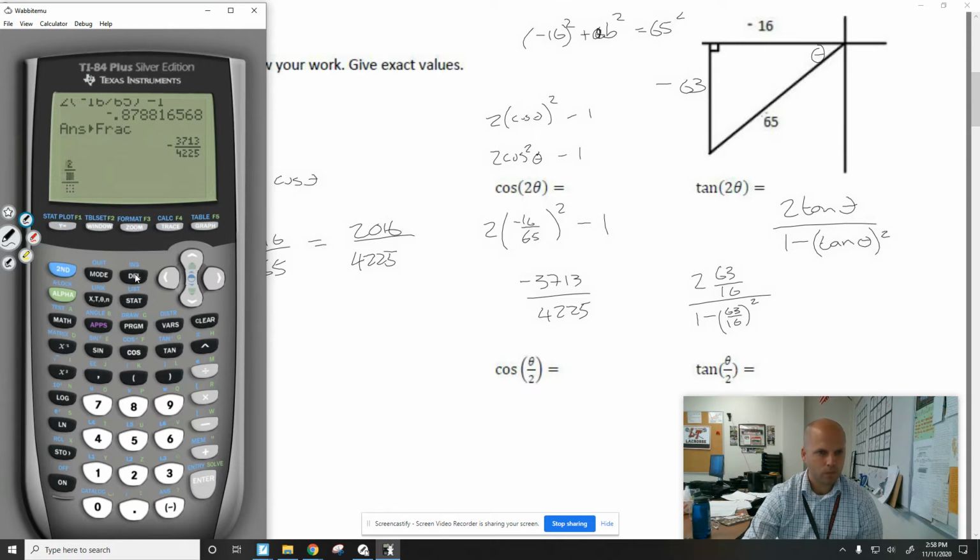Now I guess I have to do the fraction. 63 over 16. This is soft, to be honest. If you're going to be working with computers, and you kids that do work with computers, you have to be able to understand how to use order of operations and how to type things in.